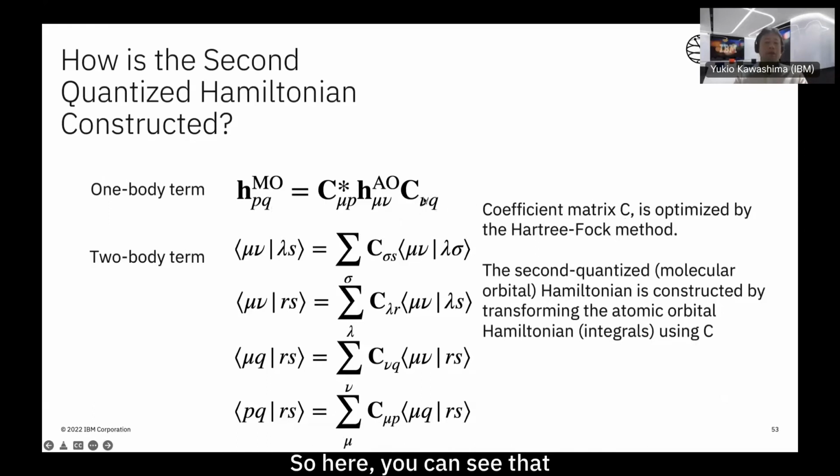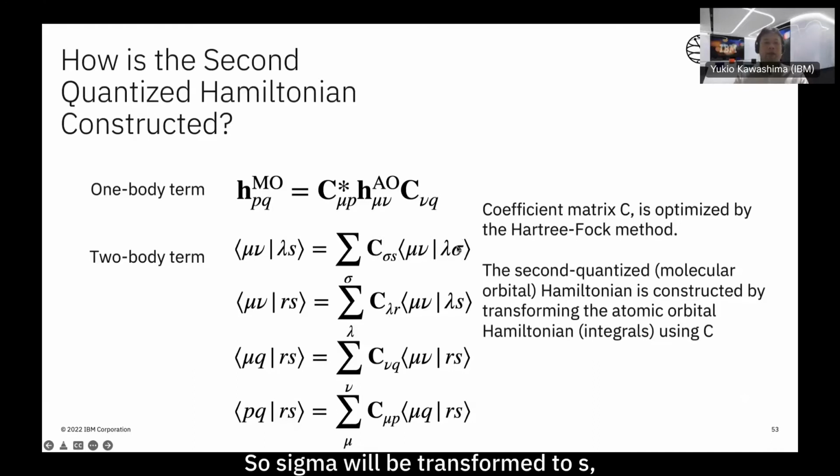You see the AO labels here and the MO labels here, so they'll be transformed using matrix-matrix multiplication. For two-electron integrals, we perform this one index at a time, using C again.